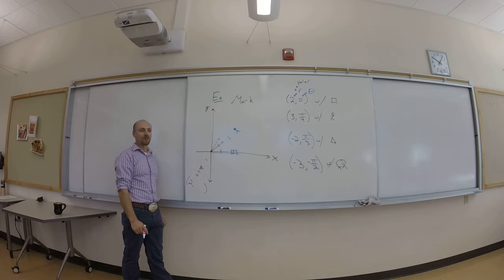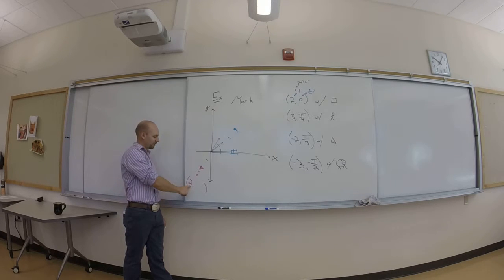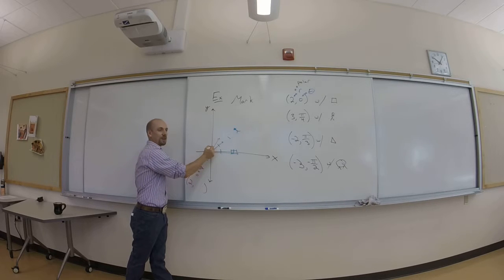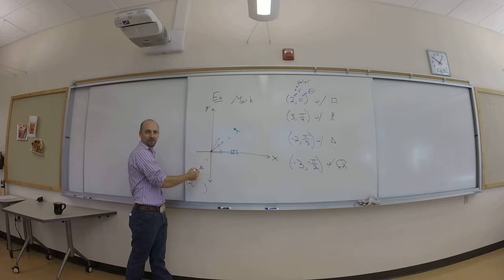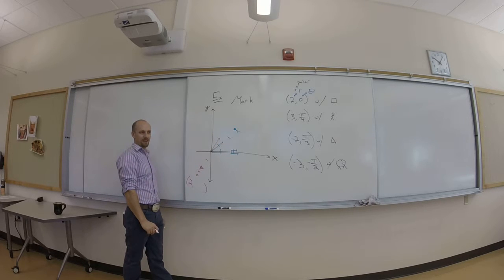I'm trying to write this with a different angle, but a positive radius. So instead of going here and then back, I'm going to go all the way around so I can go in the right direction. What's the angle that's all the way around from pi over 3?